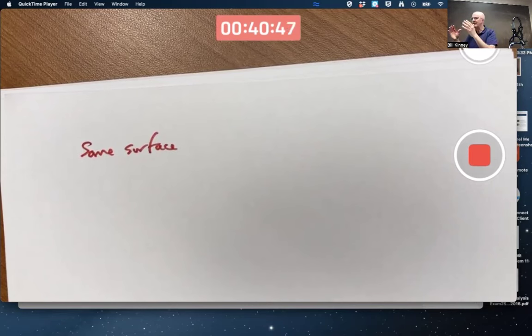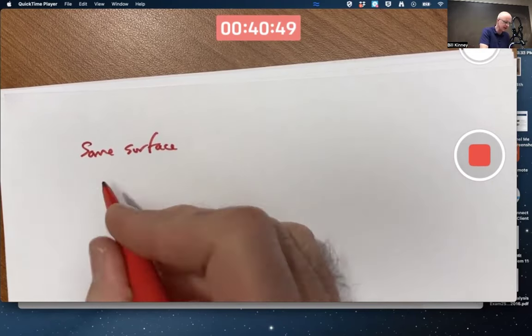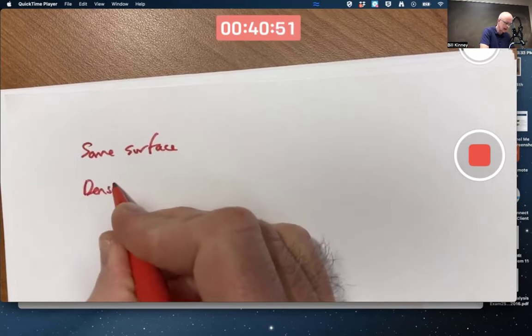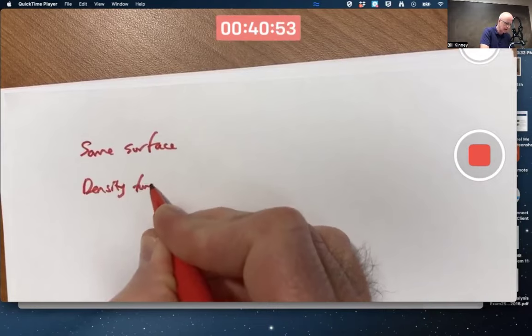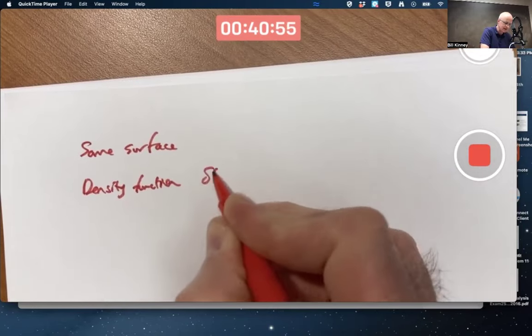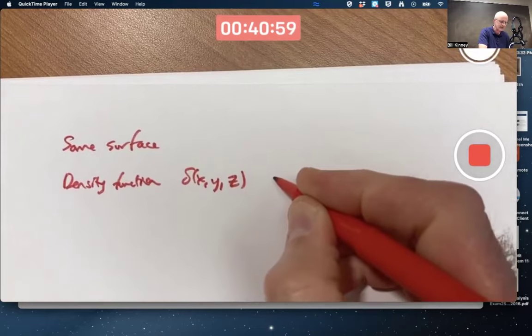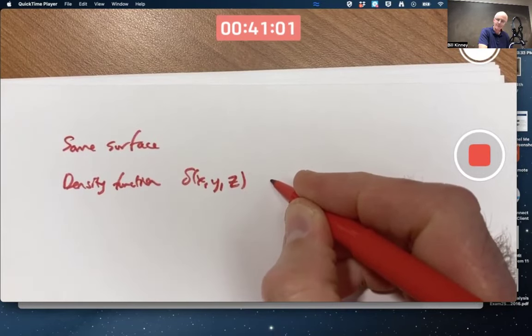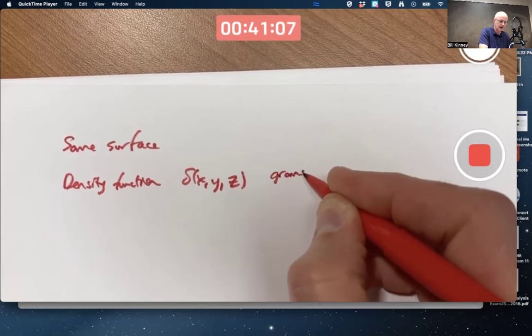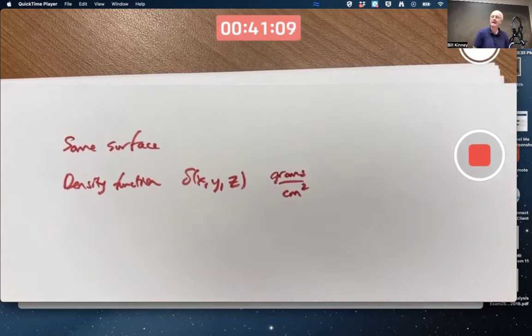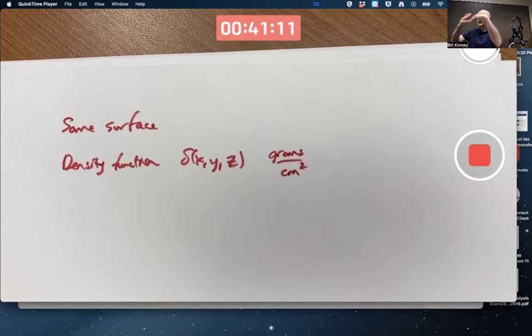But instead of integrating a vector field, you integrate a density function, delta of XYZ, say in units of mass per unit surface area, like grams per square centimeter would be the units of that kind of thing. We are talking about like a thin sheet of metal.